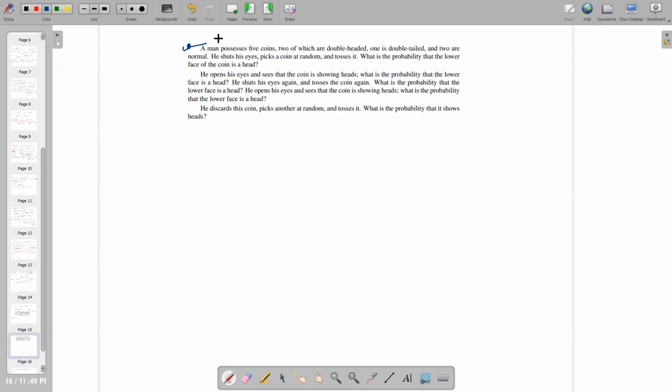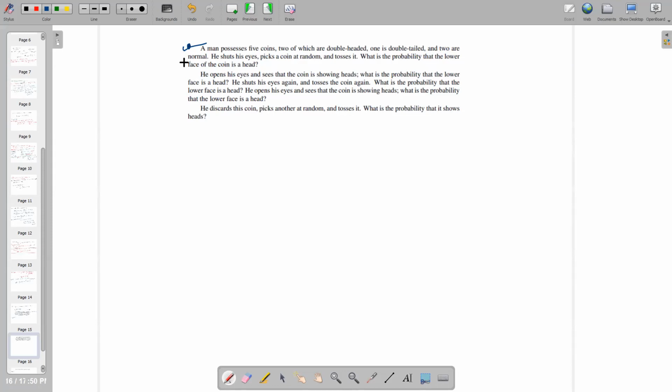He shuts his eyes, picks a coin at random and tosses it. What is the probability that the lower face of the coin is a head? Now this is an extension. He opens his eyes and sees that the coin is showing heads. What is the probability that the lower face is head? He shuts his eyes again and tosses the coin again. What is the probability that the lower face is a head? He opens his eyes and sees that the coin is showing heads. What is the probability that the lower face is the head? He discards the coin, picks another at random, and tosses it. What is the probability that it shows heads?